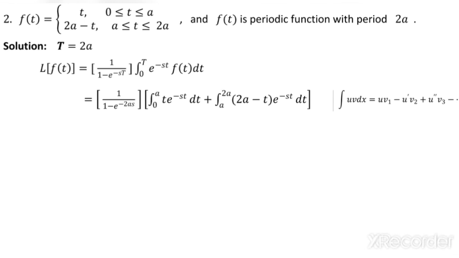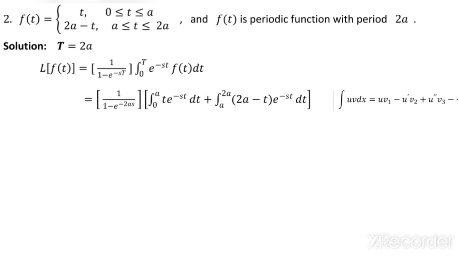So whenever polynomial into any function, you can go for u v1, where v1 denotes integral of second function, minus u dash v2, that is first derivative of first function, second integral of second function, and again we have to continuously integrate and differentiate, alternatingly taking plus and minus and plus. So the third term is plus u double dash v3.